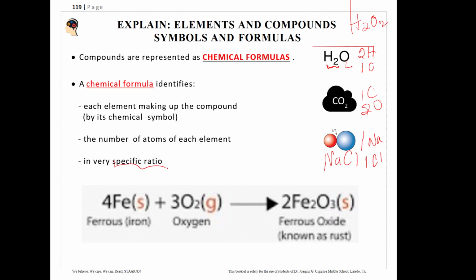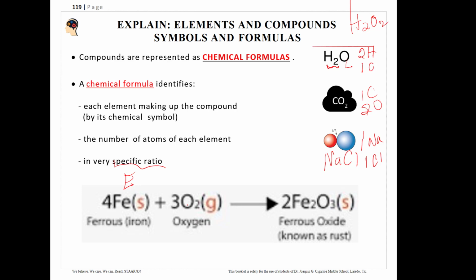Let's take a look at our iron oxide equation. If you can see here, we have an element here. That's an element, though it has a number, and we'll talk about that number in future lessons, but that is an element. Now, you see here O2, there are also numbers, but that doesn't make them a compound.